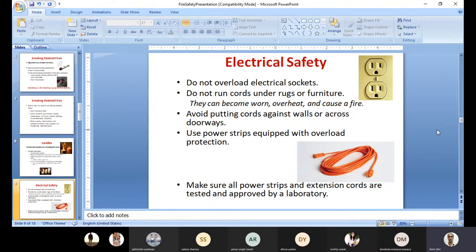Now overload. Any type of device, any household appliance, any gadget that draws current, draws it against the load, which means the higher the load you put, the higher the current that machine draws.